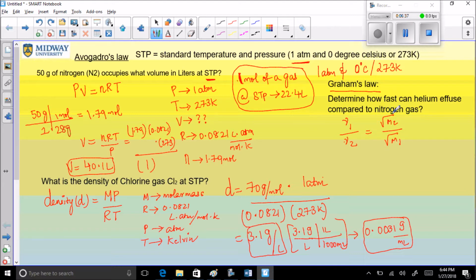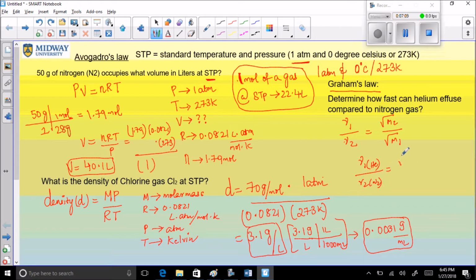It's asking, determine how fast helium can effuse compared to nitrogen gas. So let's say you put helium and nitrogen gas in the same balloon. Which one would effuse faster if you put a hole? And how fast would helium effuse out of the balloon compared to nitrogen gas? Let's call R1 our helium and R2 our nitrogen gas.